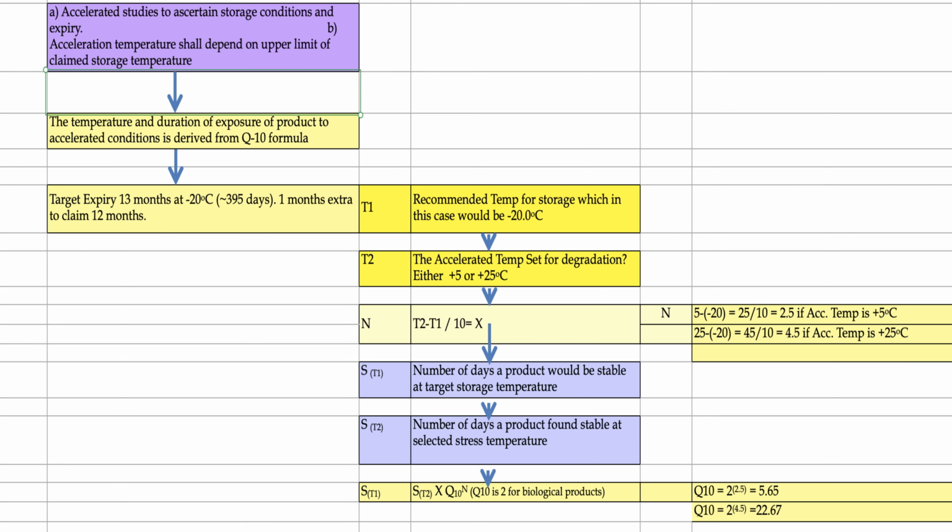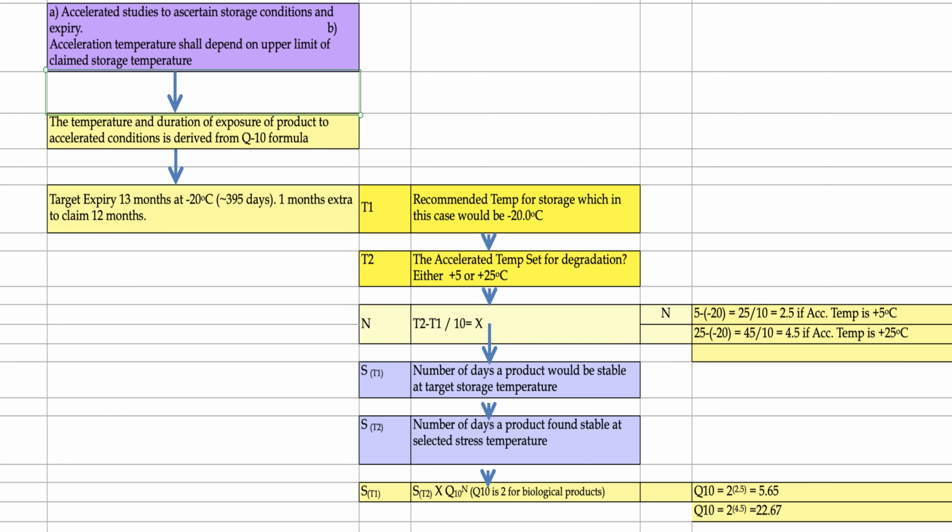So let's understand what the various parameters are which fall under the Q10 formula. First one is T1. T1 is the recommended temperature for the storage, which in this case would be minus 20 degrees Celsius as claimed by the manufacturer. T2.